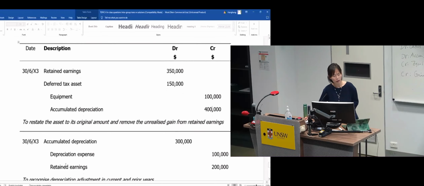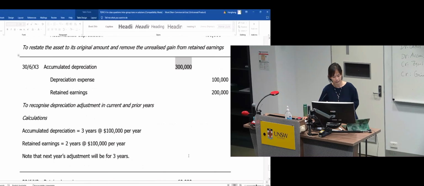Then we carry over the prior 2 years, year X1 and year X2, depreciation adjustment to the current year. We credit retained earnings. Your accumulated depreciation adjustment reflects 3 years of adjustment, from year X1 up to year X3. Finally, tax.